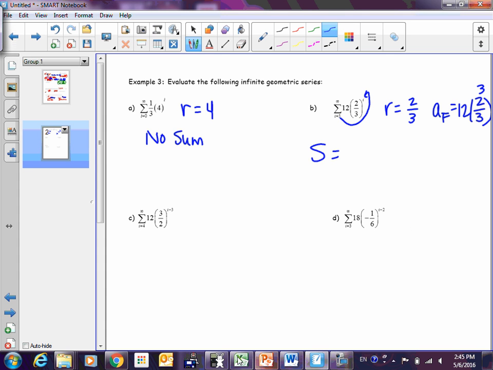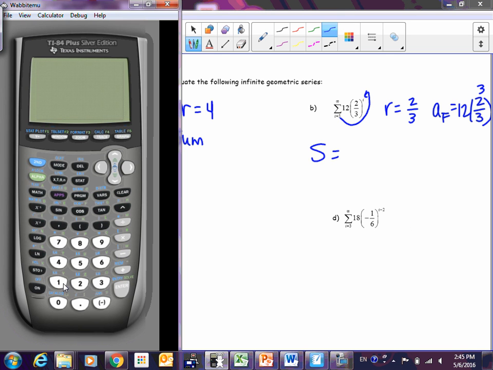You're probably going to want to use your calculator. You can actually do this without a calculator, but I'm not even going to go there. And if you get a decimal, it's probably best to hit math fraction so that you can get something more accurate.